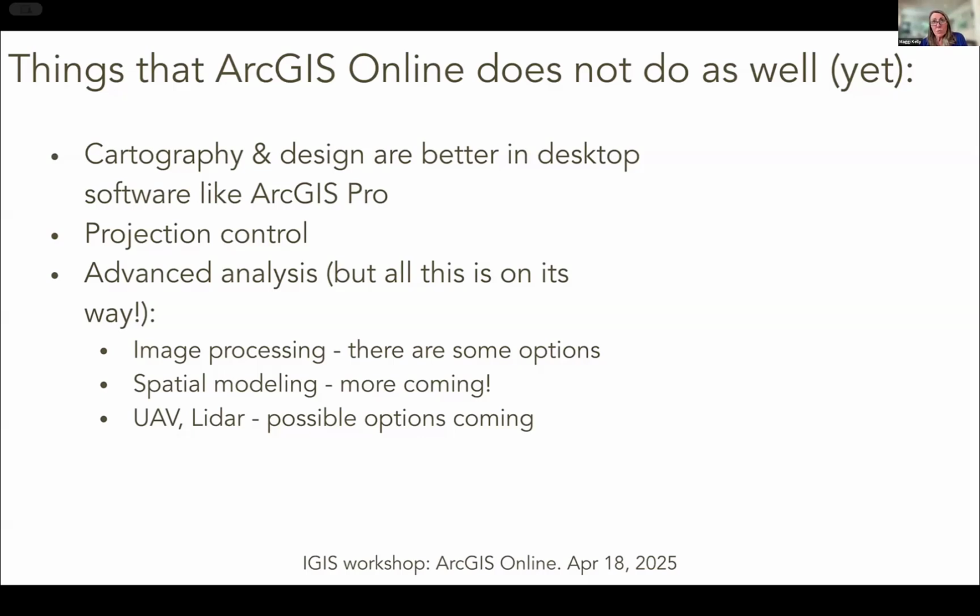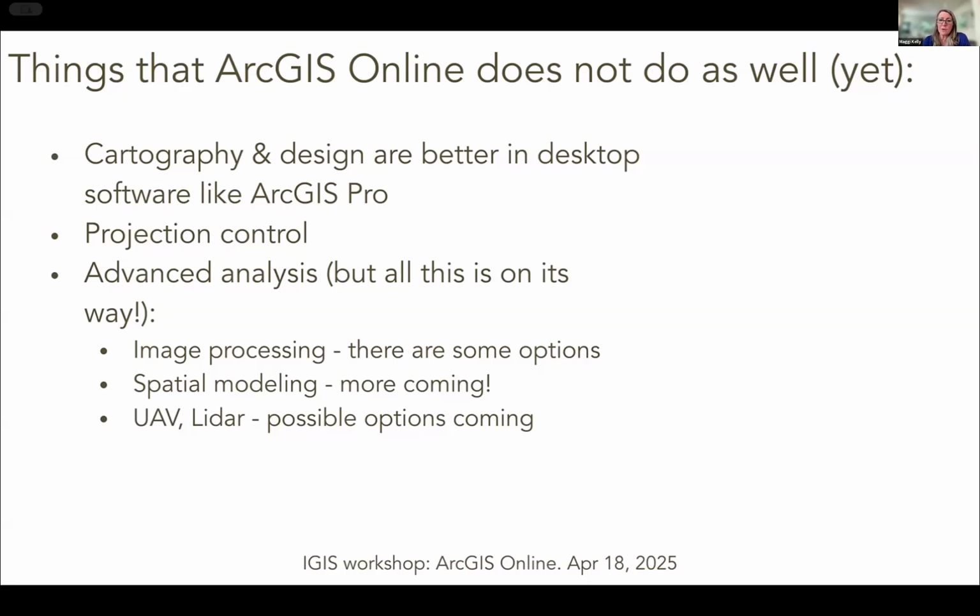Projection control, so controlling how your spatial data is the geographic projection, which is just how do we take the 3D Earth and stretch it into a 2D layer. If you really need to control projection, like you're a surveyor, you're going to want to do some of that work in Pro. And then there's advanced analysis, but this is really, really changing rapidly.